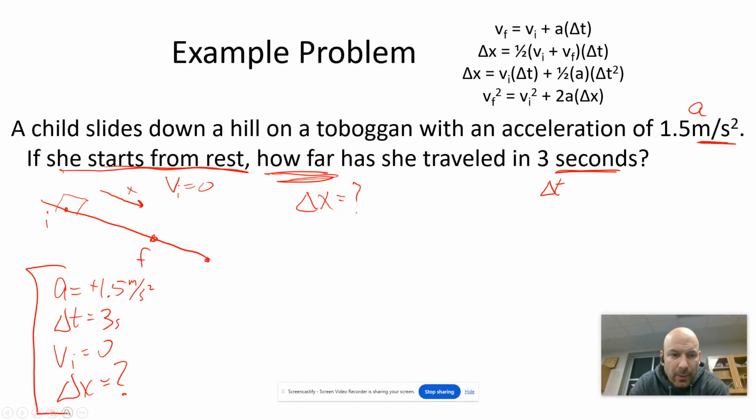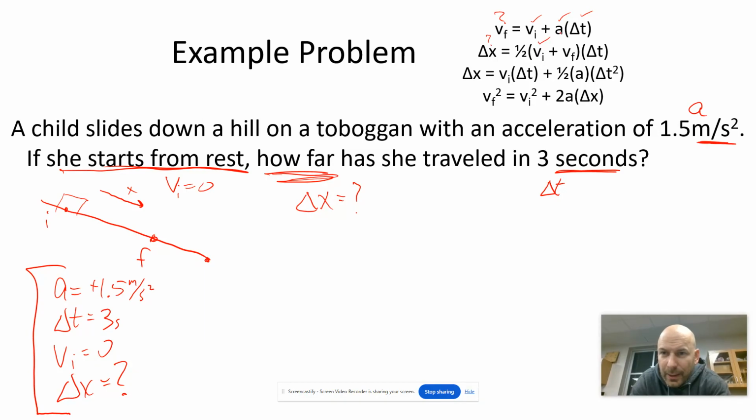Okay, so going through here. This one has an unknown final velocity, and I've got this, this, and this. So it has one unknown, but that unknown that I am solving for, I don't care about. So I'm not going to use that one. Displacement, oh, that's what I'm looking for.